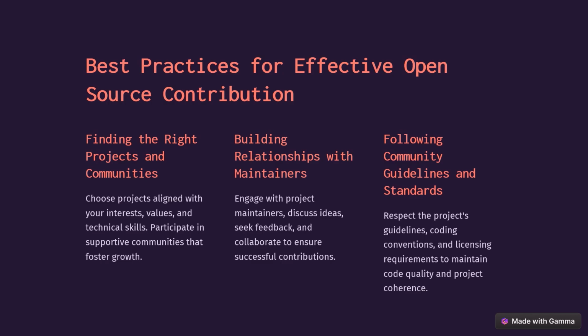Following community guidelines and standards. This is the very basic and most important thing. Respect the project's guidelines, coding conventions, and licensing requirements to maintain code quality and project coherence. Whenever you contribute to an open source project, make sure that you contribute as per the provided rules.